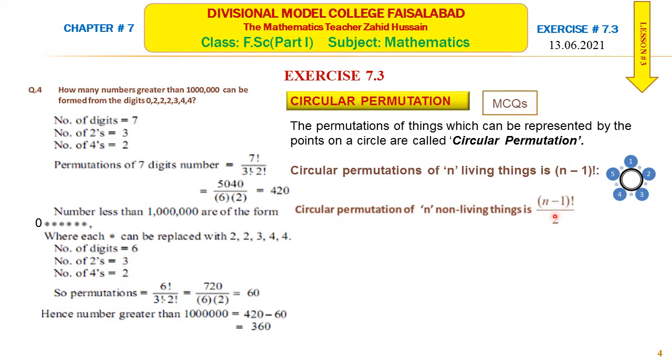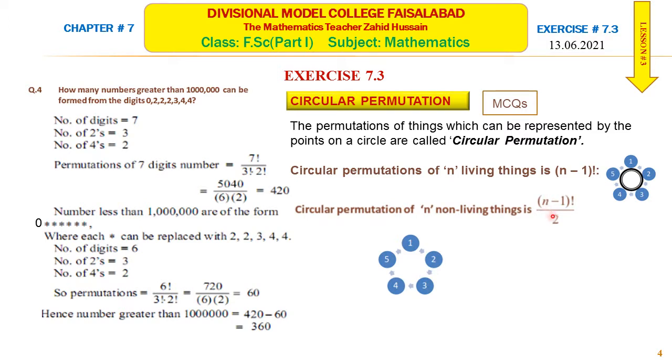You will be asked the circular permutation of n living things is equal to, and both may be given in the options. For n living things it is n minus 1 factorial, and for n non-living things it is n minus 1 factorial over 2: from the total number of objects you subtract 1, take the factorial in the numerator, and divide it by 2.